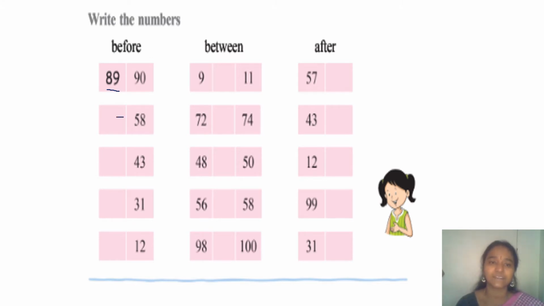So I write 7 here, and the tens place is as usual, 5. So what is the before number of 58? 57, right? Next, 43. Again the same. Before 3 what will come? 2. And 4 is the same.